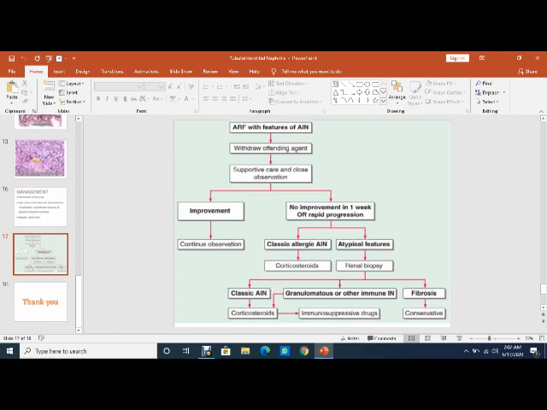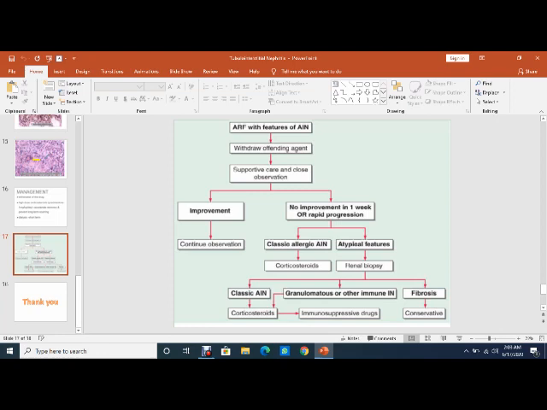This is the last slide, which shows acute renal failure with the features of AIN, acute allergic interstitial nephritis. So withdraw the offending agent, the causative drug, we should stop that, and give supportive care and close observation. We should see how the patient behaves, whether improving or not.